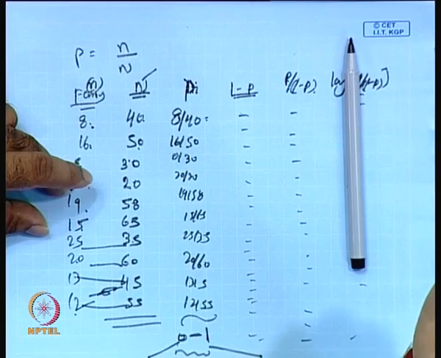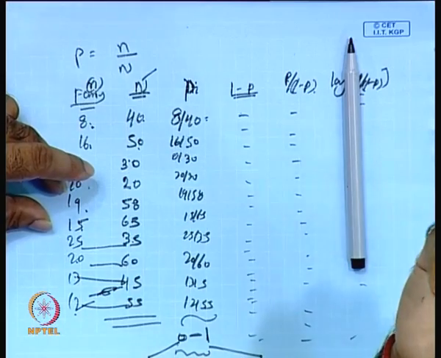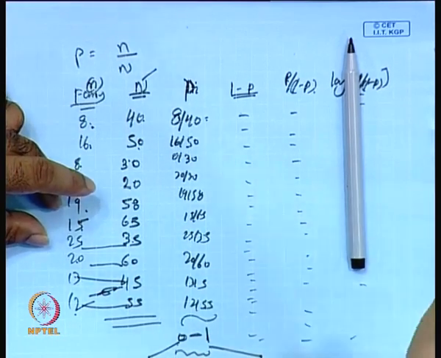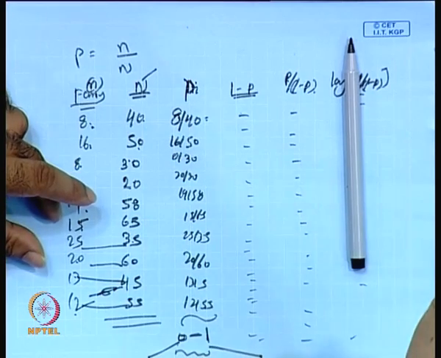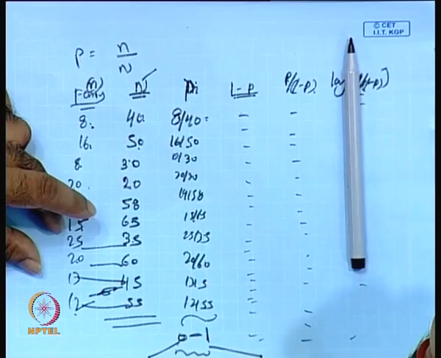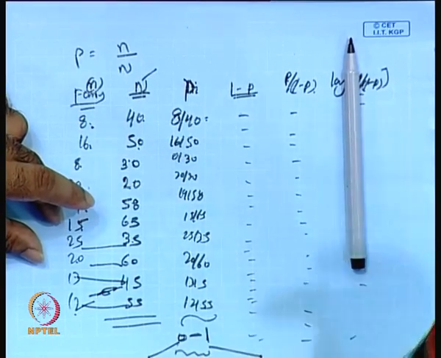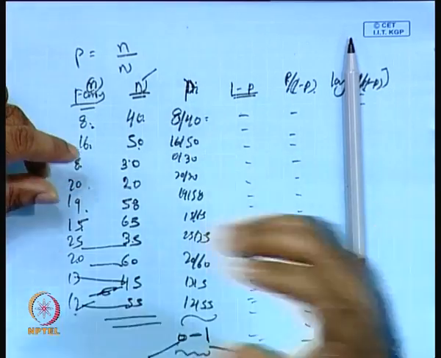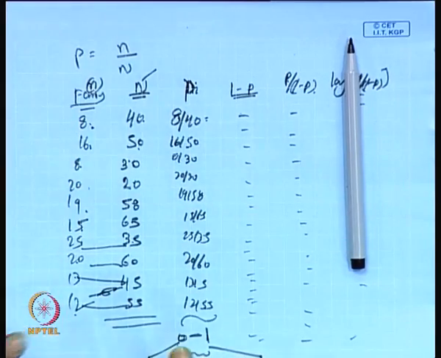Similarly, we investigate 30, then 8 have a house. Similarly, we investigate 20 people, and all 20 have their own house. Similarly, we investigate 50, then 19 have a house. Similarly, we investigate a 65 group, then 15 people have a house. Like this, we have to classify the entire structure.